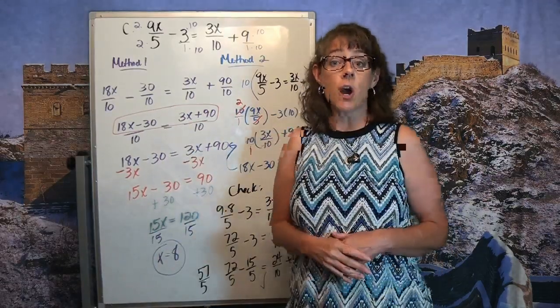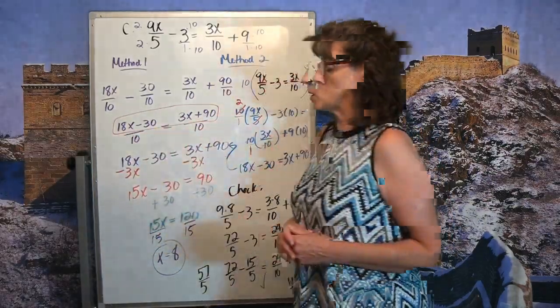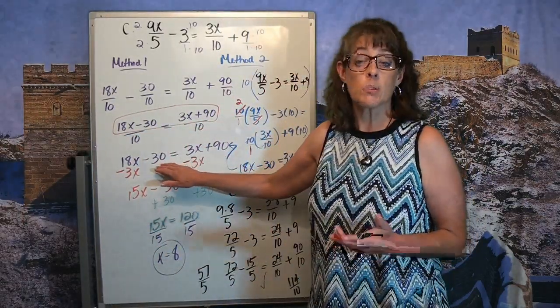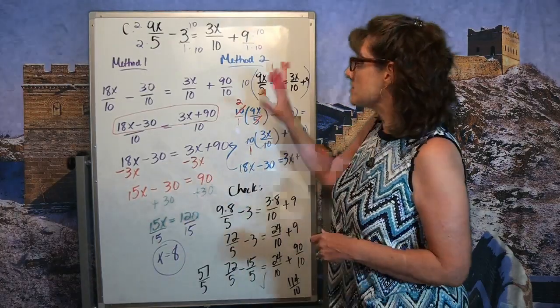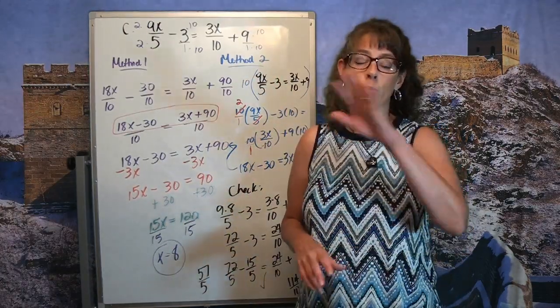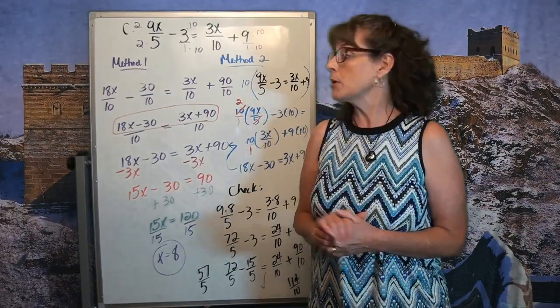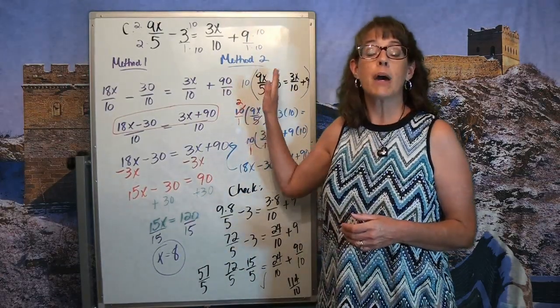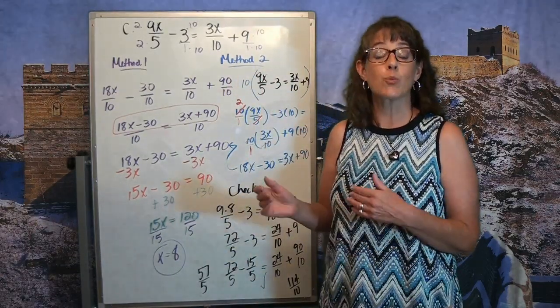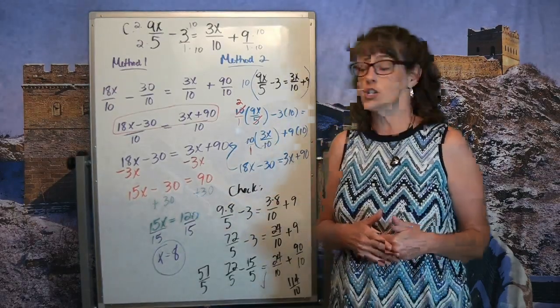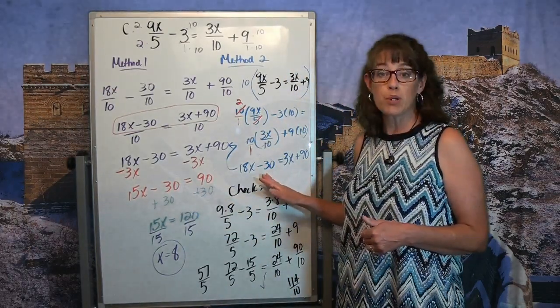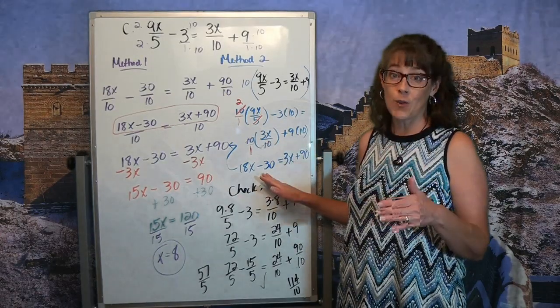Then let's drop that denominator because the two fractions are going to be equivalent, giving us an equation that's pretty easy to solve. The second method says I don't like those fractions. I'm going to get rid of them in the first step. I'm going to utilize that LCD, multiplying every single term by that LCD to get rid of those fractions and get to that pretty easy equation to solve very quickly.